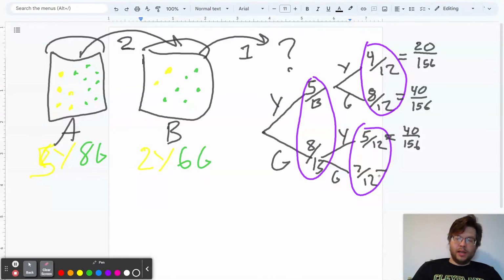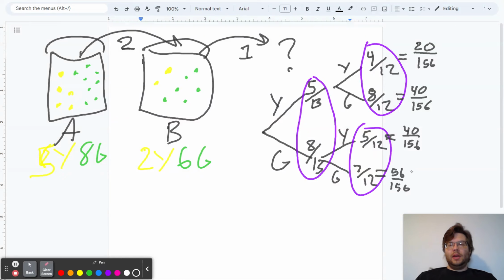And then 7 times 8 is the other 56. Okay. So then what we can do is we could reduce those fractions down, or we can leave them as they are. Either way works just fine.